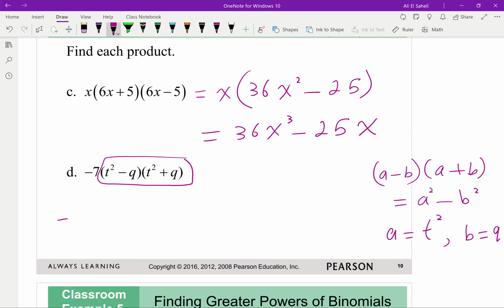So this is minus 7 into a squared, t squared squared. So this is t to the power 4 minus q squared. Bring in the minus 7. So this is minus 7t to the 4 minus times minus is plus 7q squared.